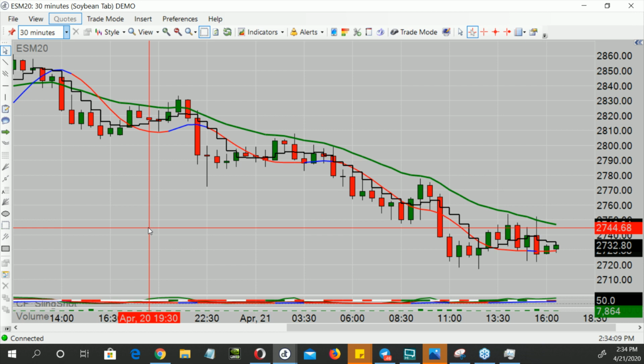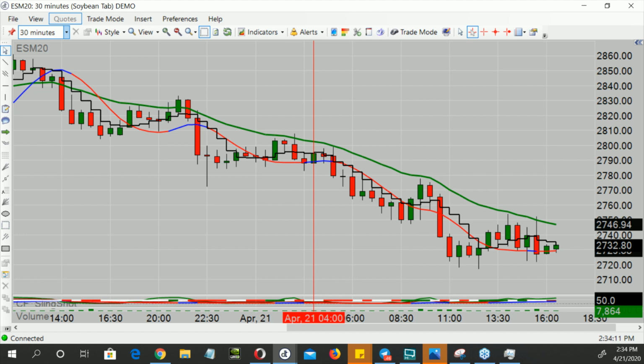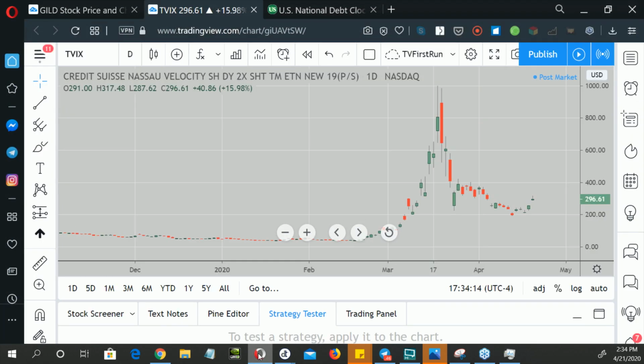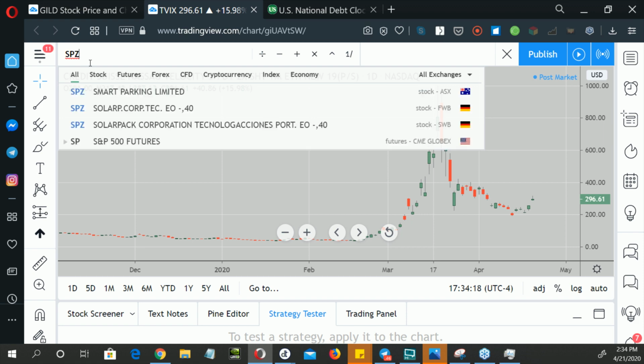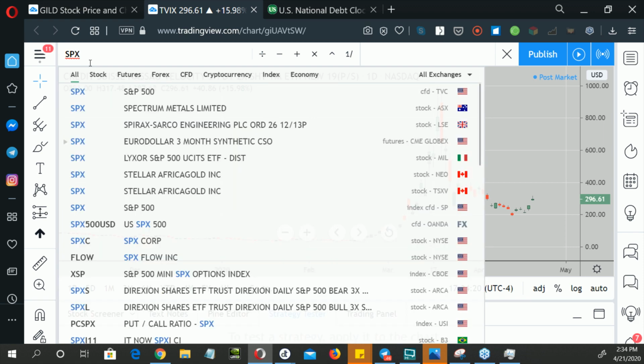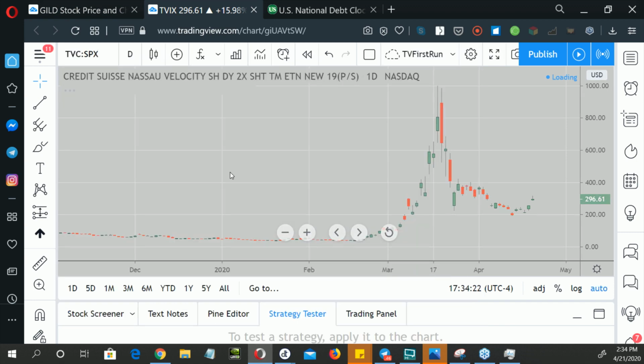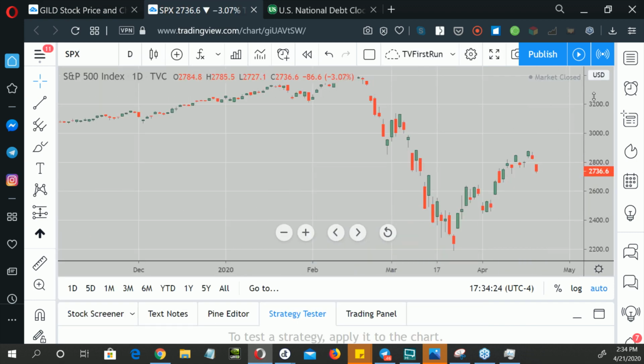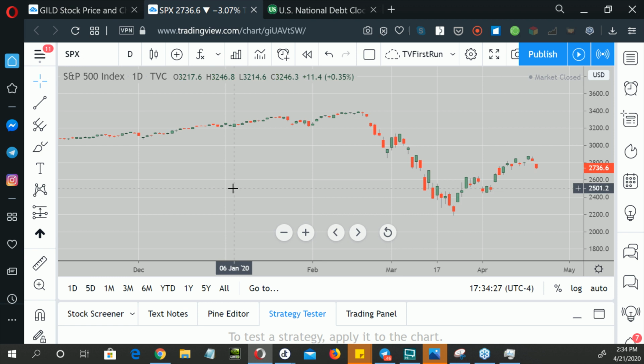Those are indices. You see, when these indexes were first created, SPX. How about SPX? There we go. You may have heard people use the term cash market index. Okay, this is an index.